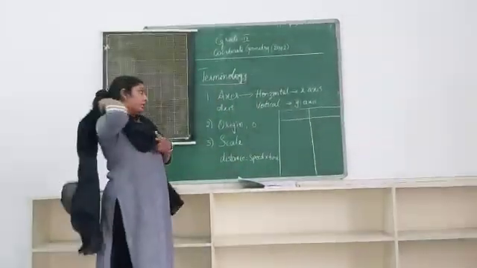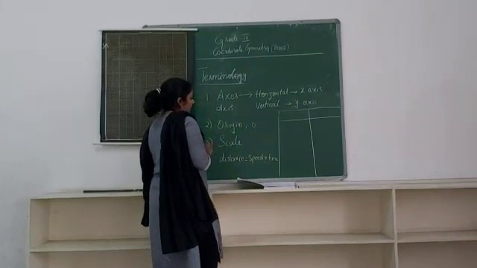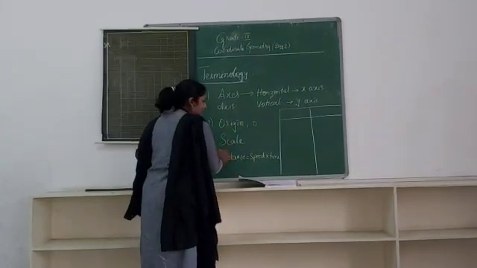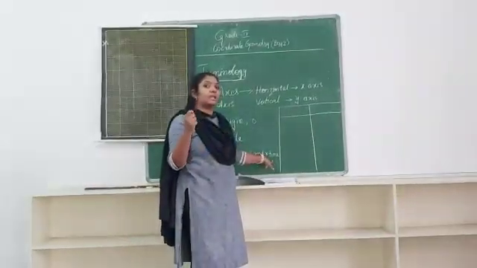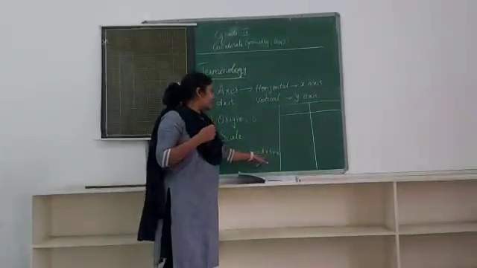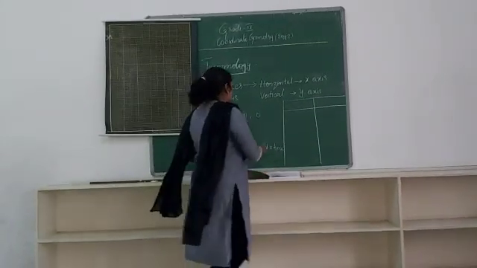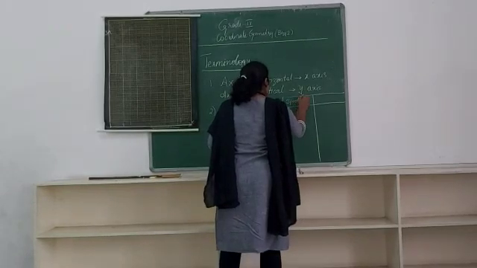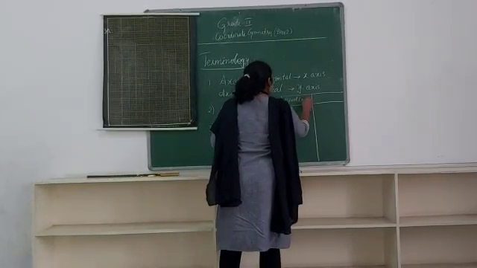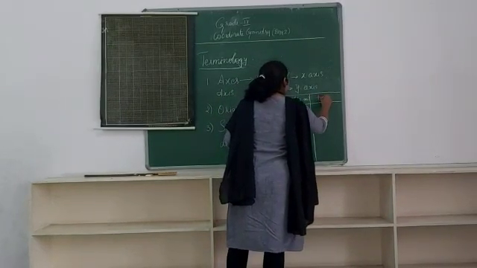Suppose I keep the distance constant and try to plot speed and time. I want to see how the increase or decrease in speed varies time. So let us take speed on the x-axis and time on the y-axis.